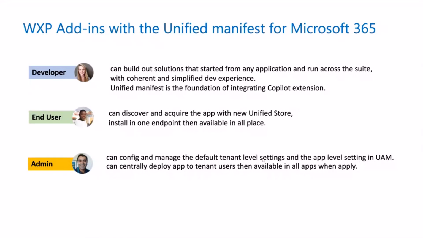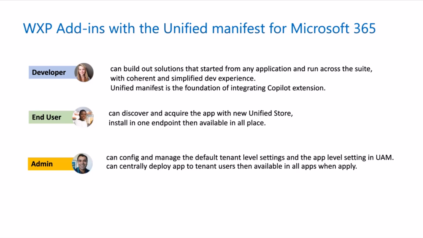Let me give you a recap of what the feature is. Basically, with the unified manifest, we provide you the ability to build an app that can work across all the 365 apps, including Word, Excel, PowerPoint, Teams and Outlook.